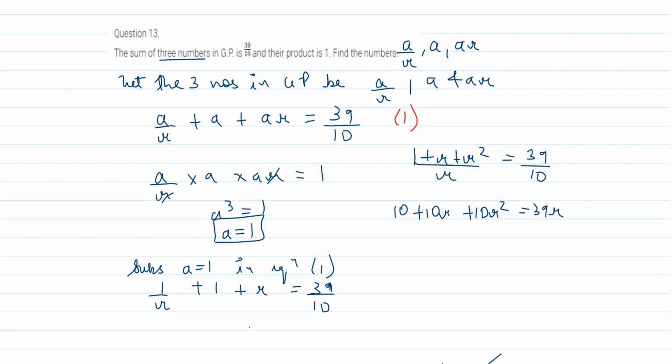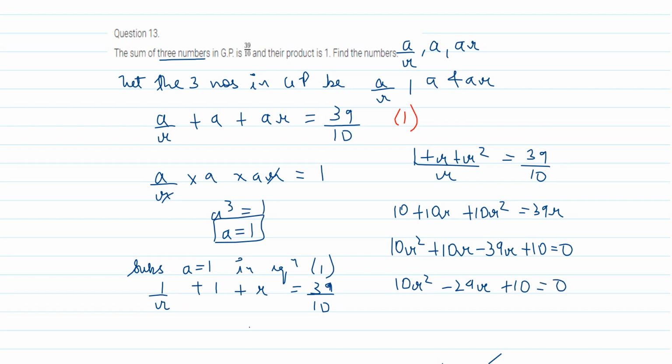Rearranging that in the quadratic format, minus 39R will come to the left hand side, giving me 10R square minus 29R plus 10 is equal to 0.